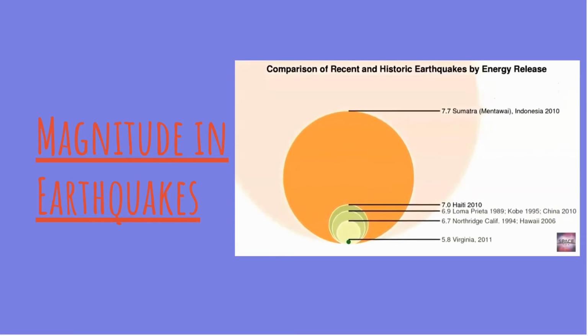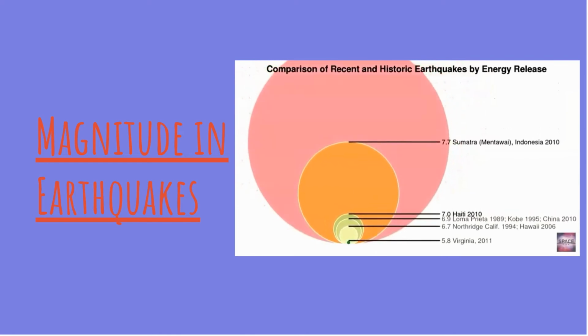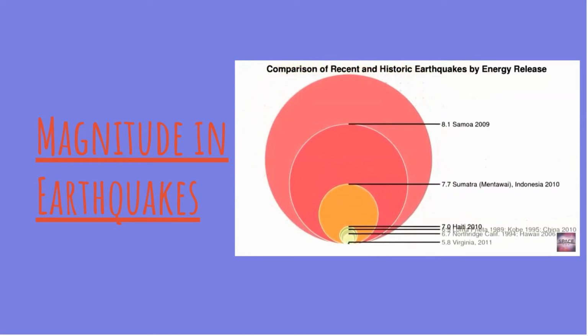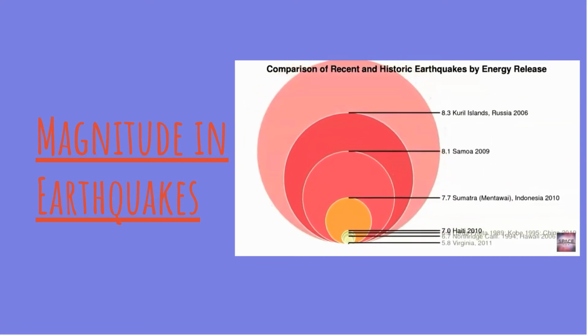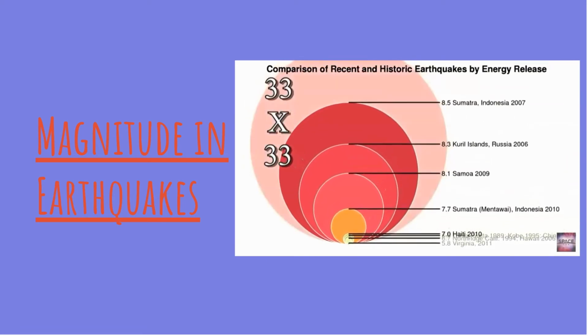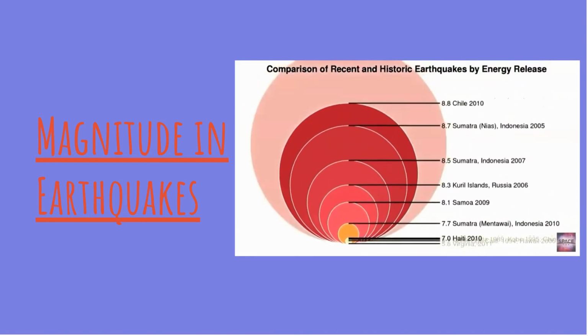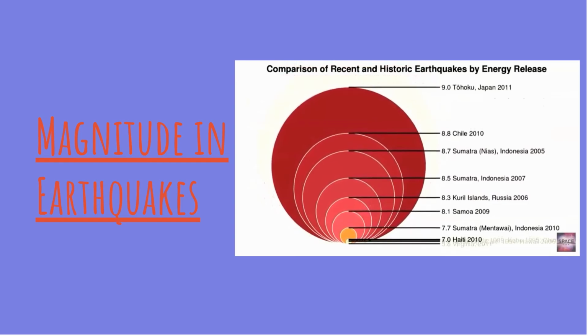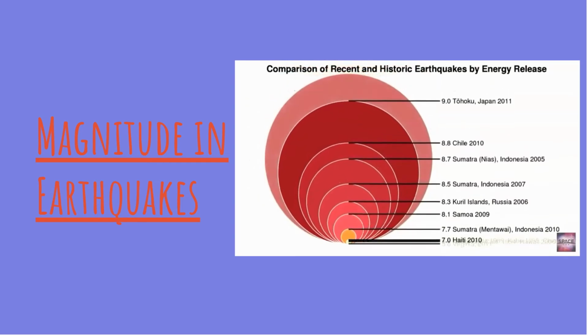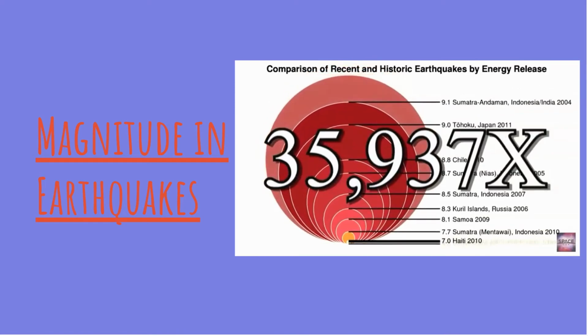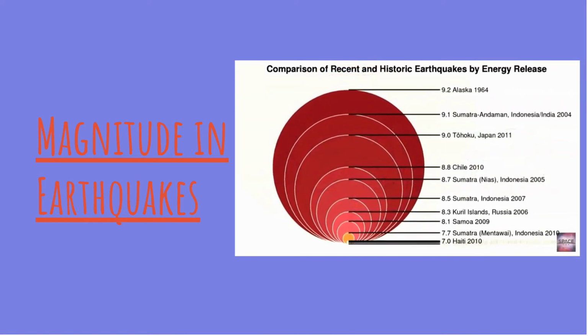It builds fast, by a factor of about 33 with every jump. So the difference between a magnitude 6 quake and a magnitude 8 is 33 times 33, or 1,089. Do the math, and a magnitude 9 earthquake, like Japan's catastrophic Tohoku quake in March 2011, is 35,937 times more powerful than a magnitude 6.